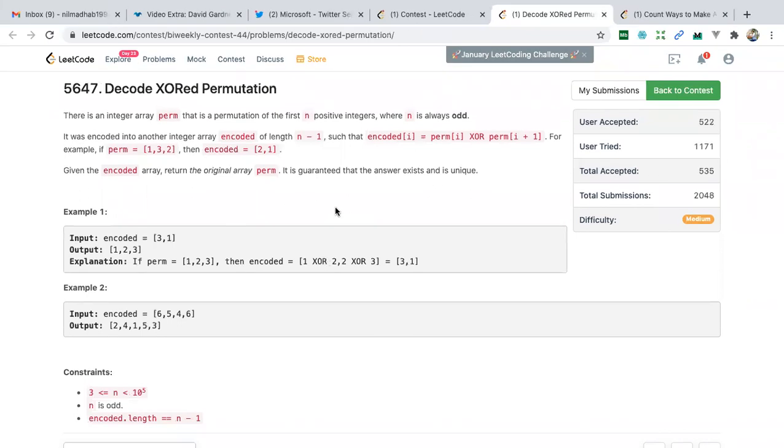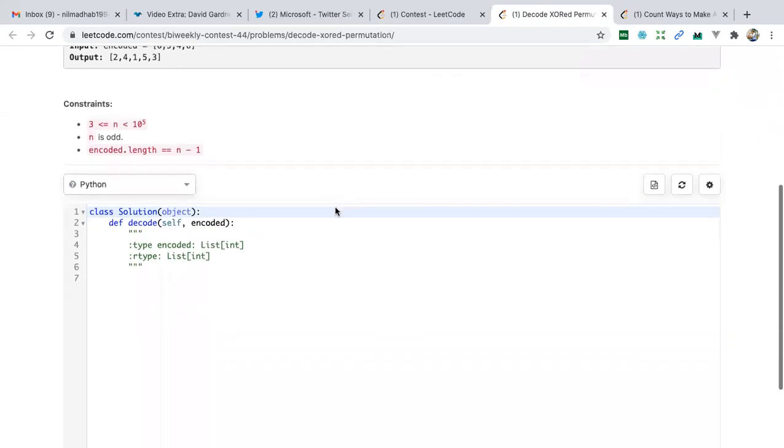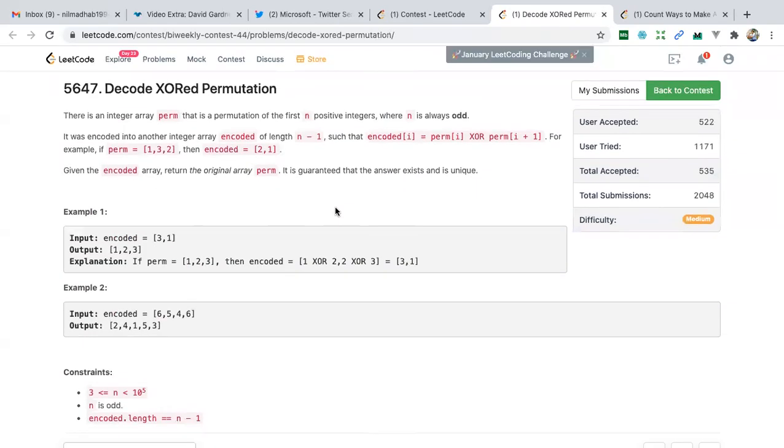But I am very weak with these XOR things. Yeah, this one is also complicated. Here, we are given an encoded array, and we have to find the original array from this encoded array.